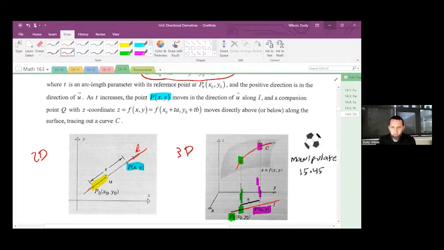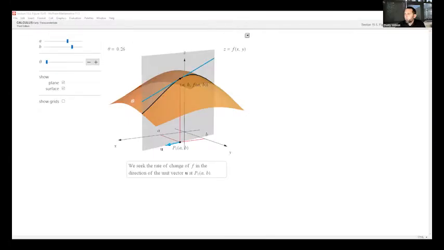Let's look at a manipulate to try to better understand how we could intersect a surface with a plane and find slopes along that. All right, here we are.